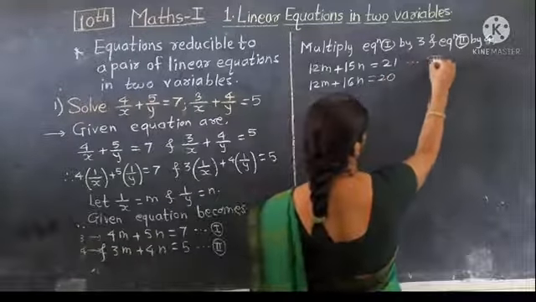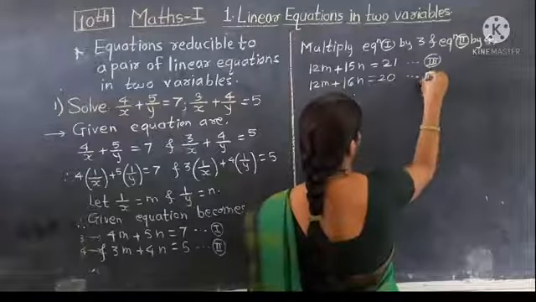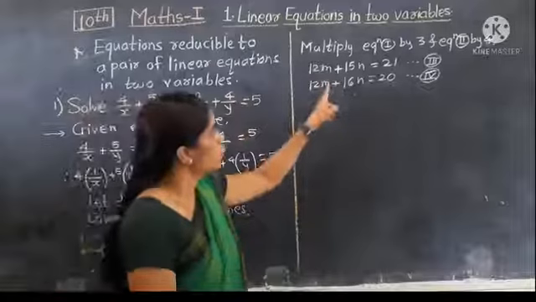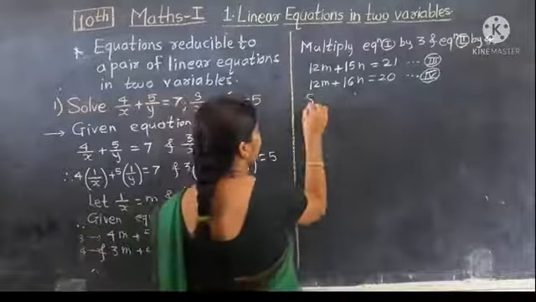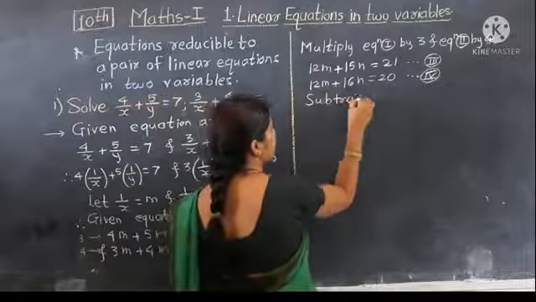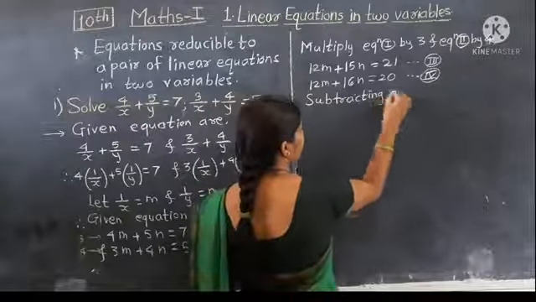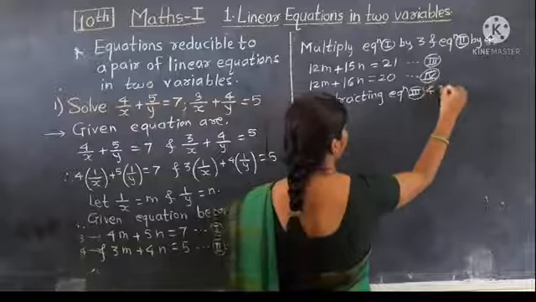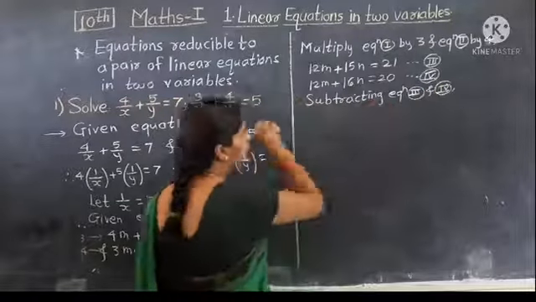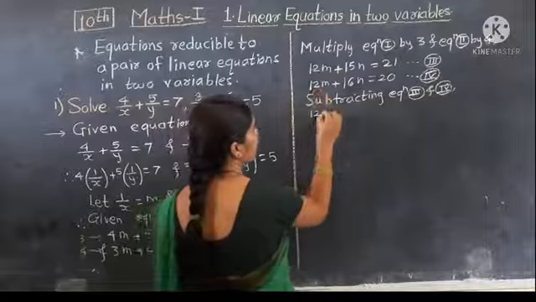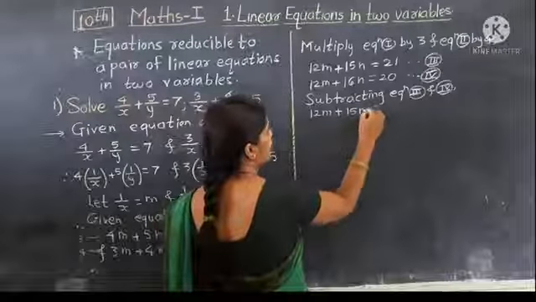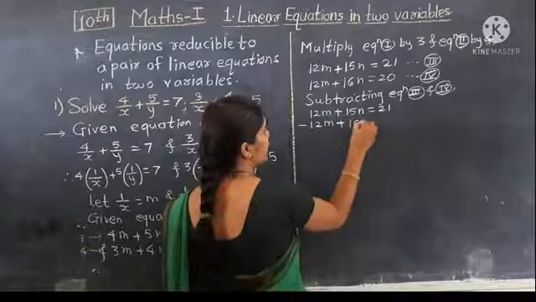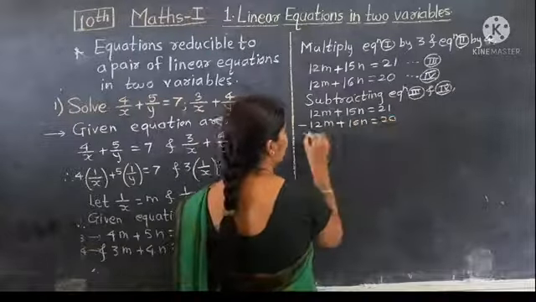The new equations you call third and fourth. Now the coefficients of m are the same, so we subtract equation 3 and 4. What do we get after subtracting? 12m plus 15n is equal to 21 minus 12m plus 16n is equal to 20.